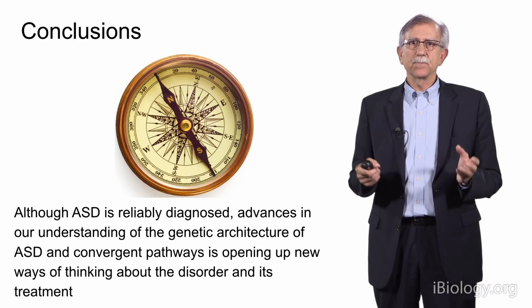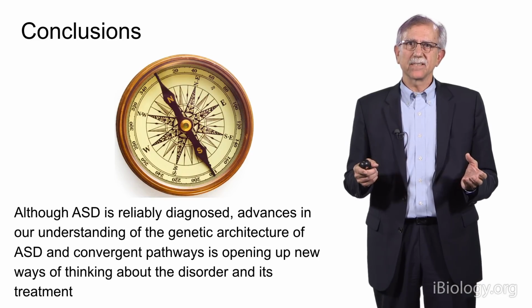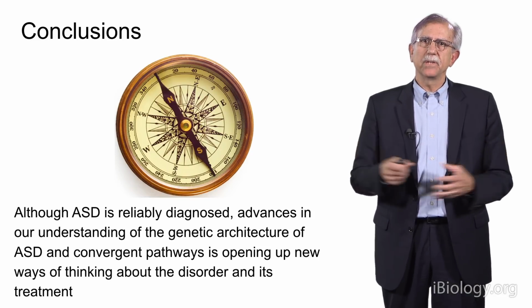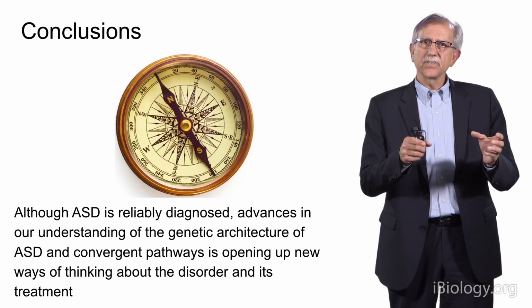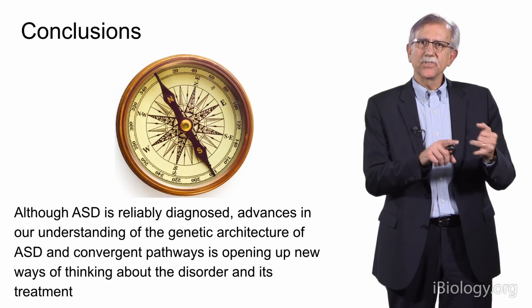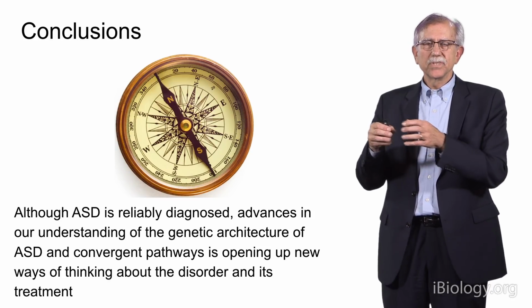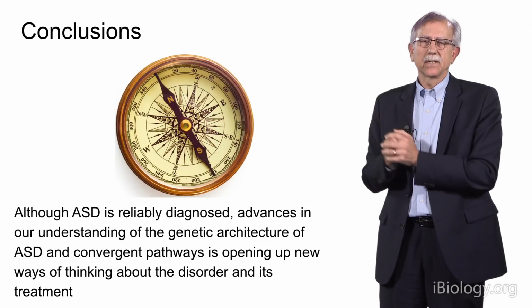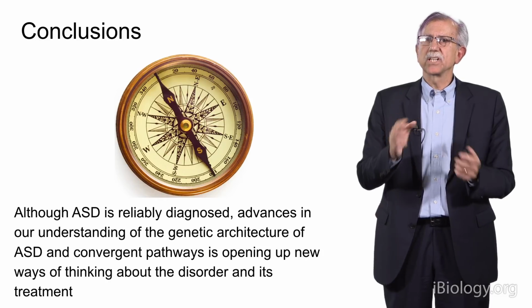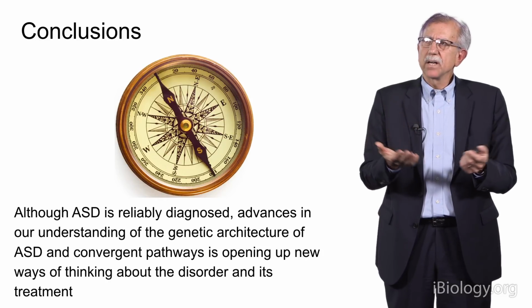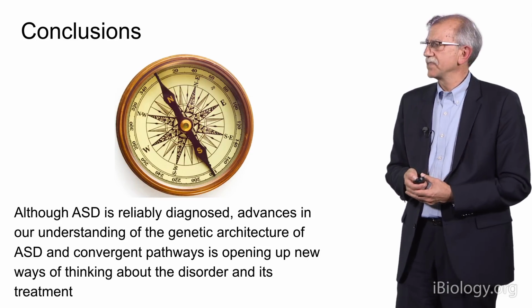Although the diagnosis of autism spectrum disorder is very reliable, like the wetlands, it's very heterogeneous, and the boundaries around the disorder are going to be redrawn. It could very well be the case that what we currently think of as autism becomes a disorder that includes autism, ADHD, anxiety symptoms in one group, and includes autism, sleep disturbance, and hyperactivity in another group, and that those core features of autism become much less important as they are part of multiple different ways of expressing what the underlying pathophysiology is.